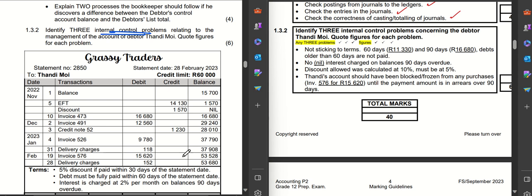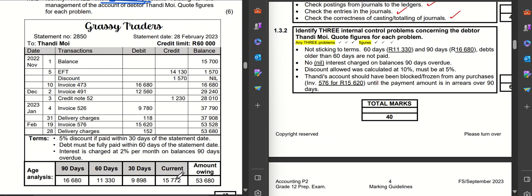All right, let's see here what information is given in the age analysis. We're told 5% discount if paid within 30 days of the statement date. Debt must be fully paid within 60 days of the statement date. So if there is any amount that is falling beyond 60 days, therefore there is no compliance.